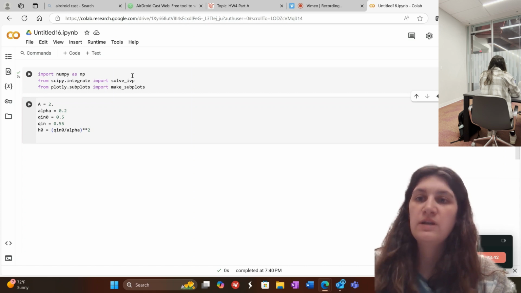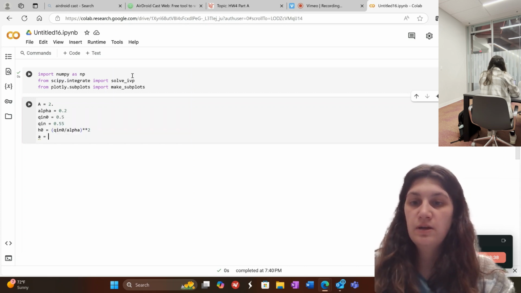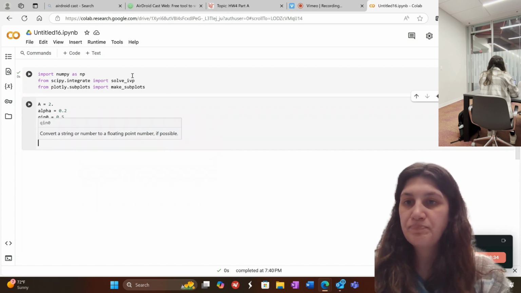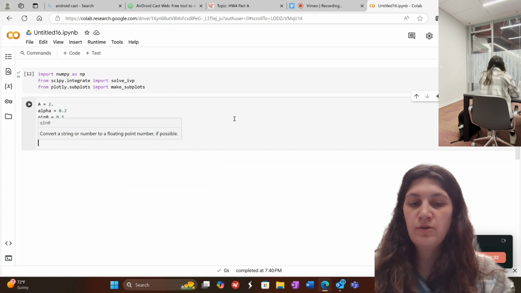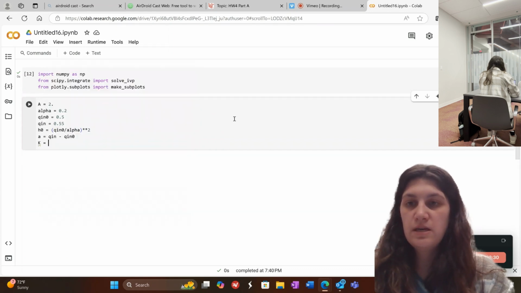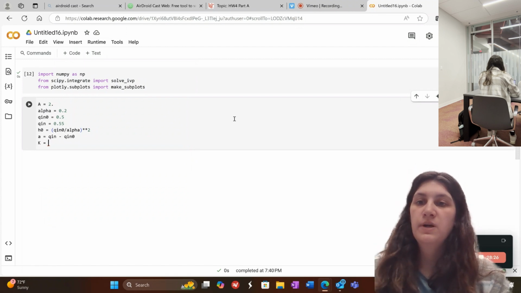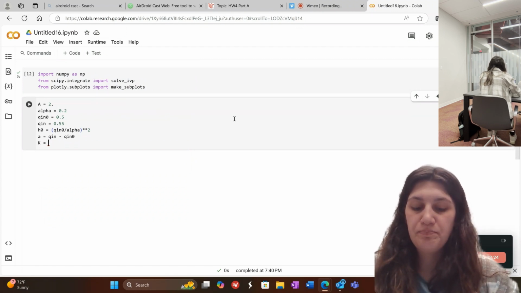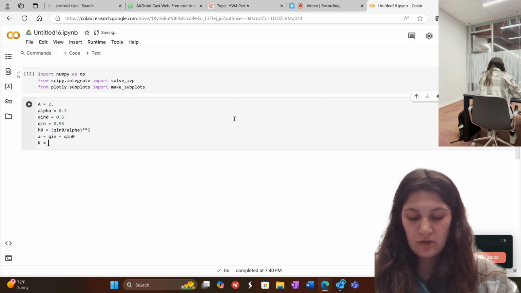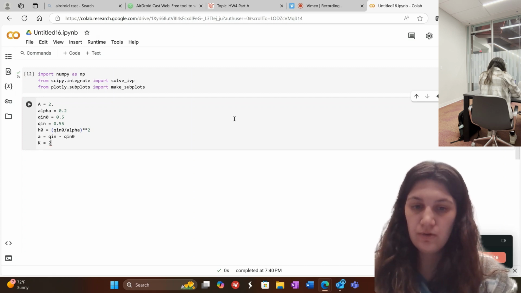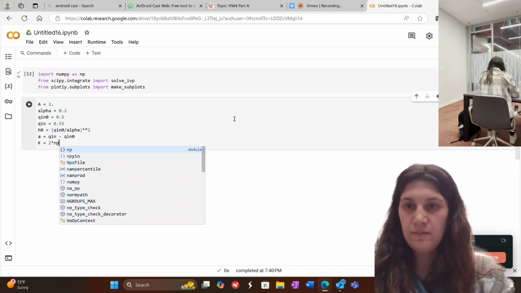We're going to need our A value, our step change that we just talked about. So that's going to be Q in minus Q in naught. And then we are going to need the K value and the tau value from the transfer function.